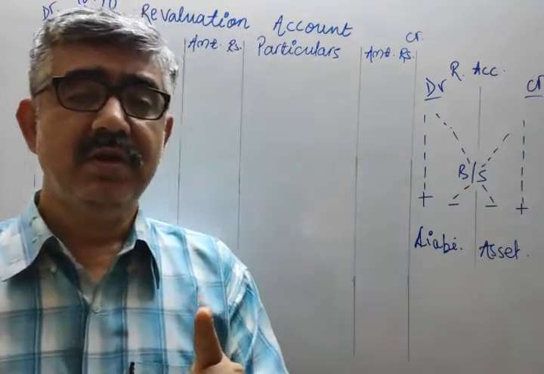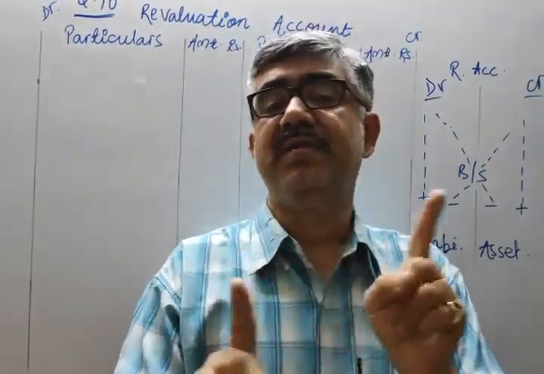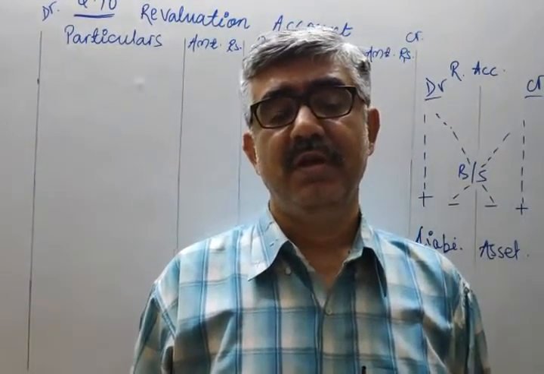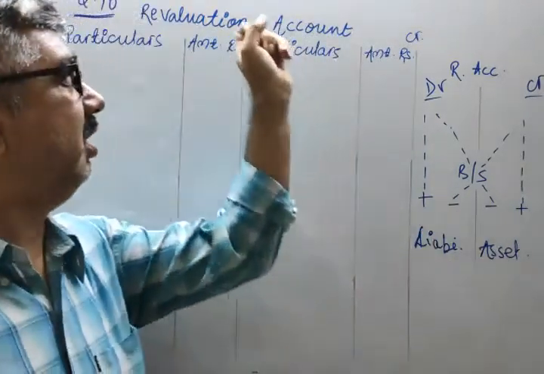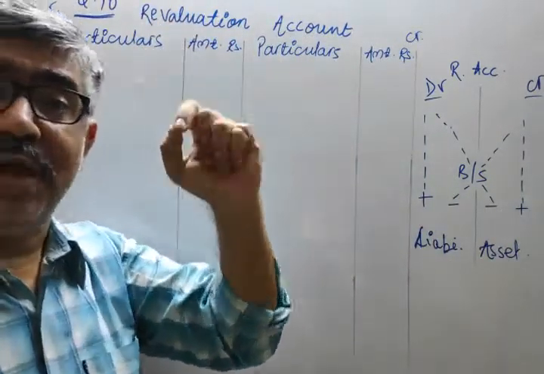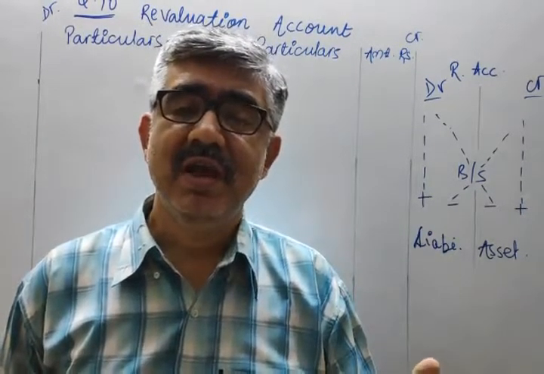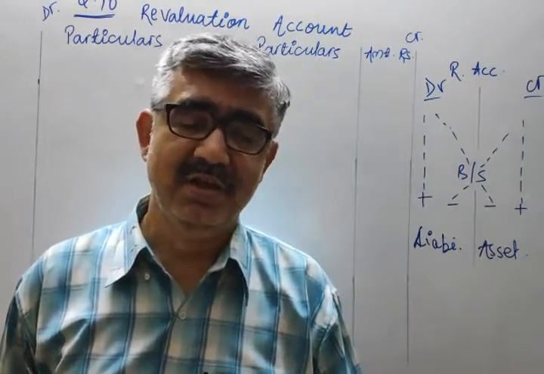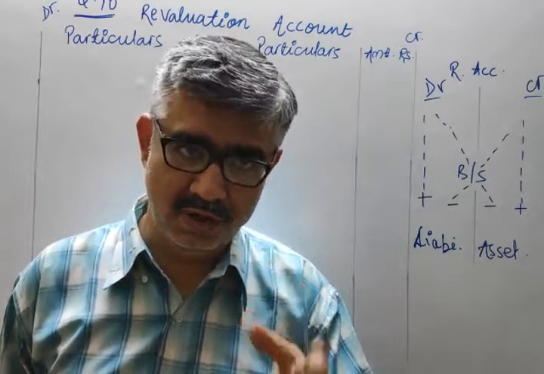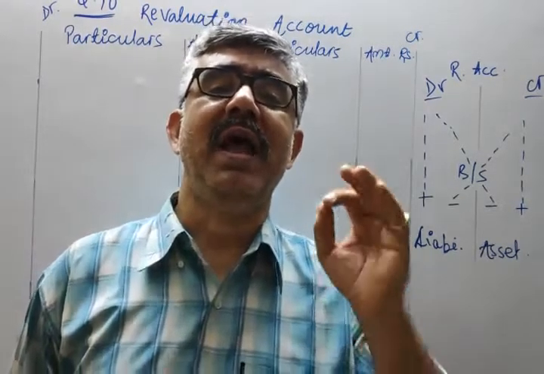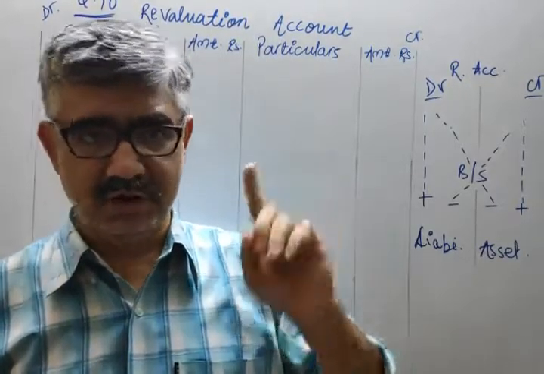It means the value of bills receivable is not changing. And when there is no change, naturally there is no revaluation. Value is not changing, so we are not supposed to write anything. So only adjustments have an effect in the revaluation account.